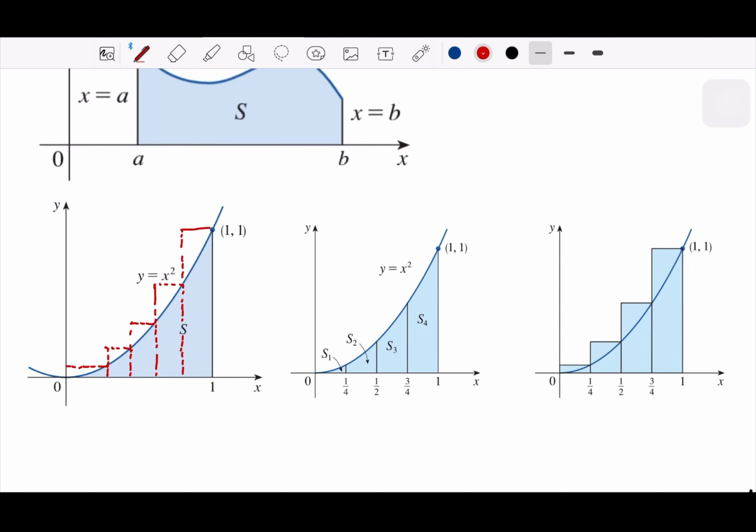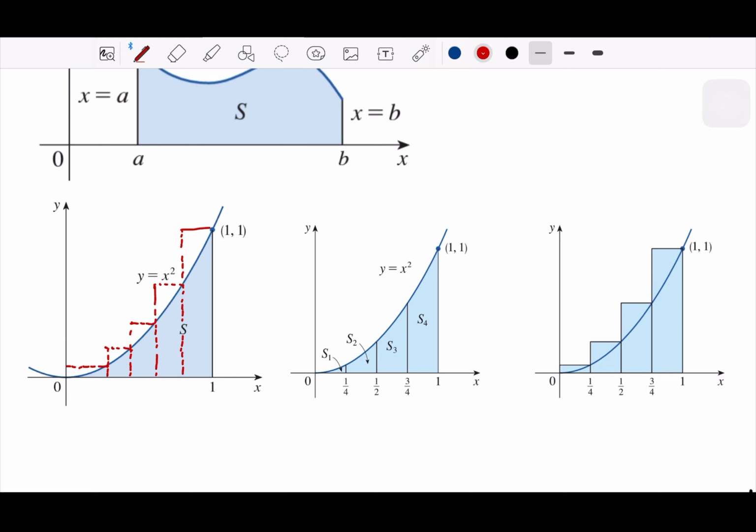Okay, so we continue to observe what we have here, the area under x squared. Now, for example, in our case here, we are going to have four areas, S1, S2, S3, S4, and since there are 4 areas and we have 1 here, we divide by 4.